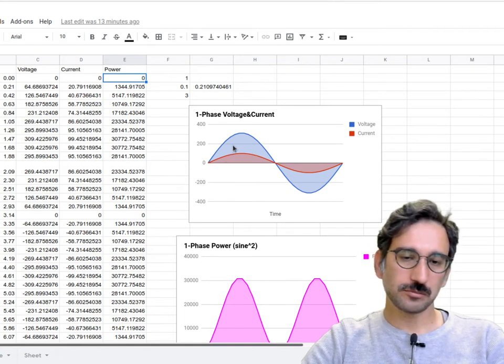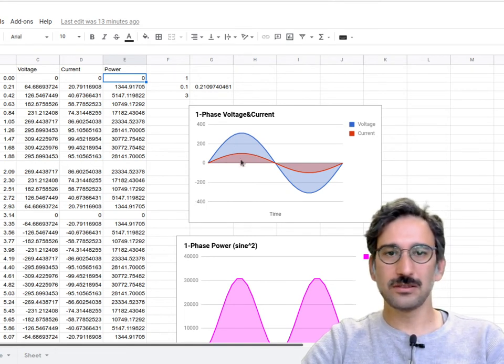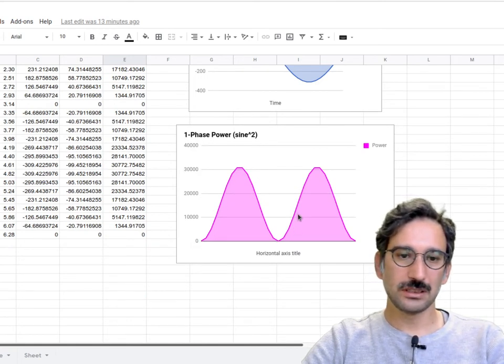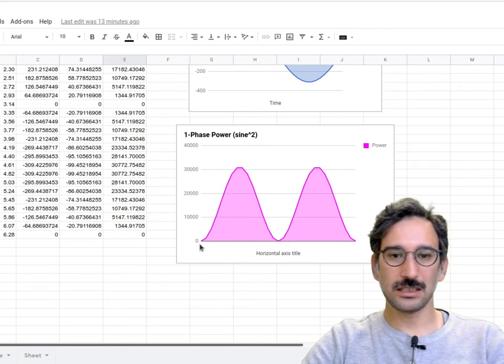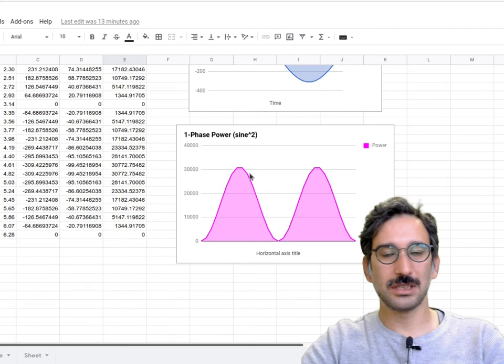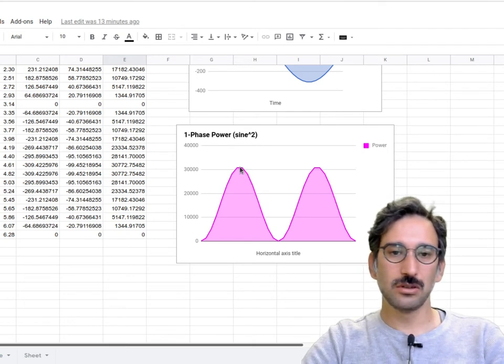Positive gives positive power, negative still gives positive power, and it is in the form of sine square. I'm talking about not the RMS here, but the instantaneous power. That's why you can have some peaks.